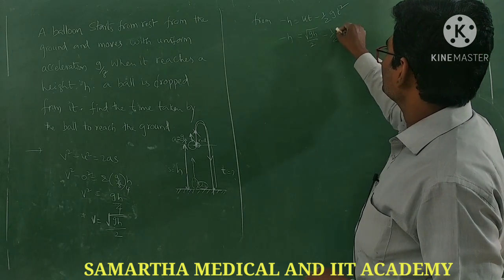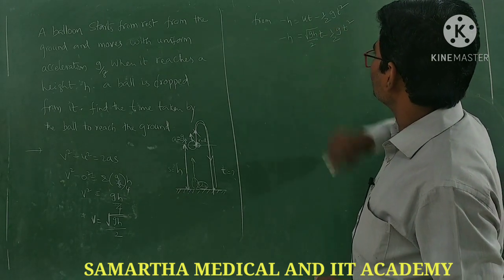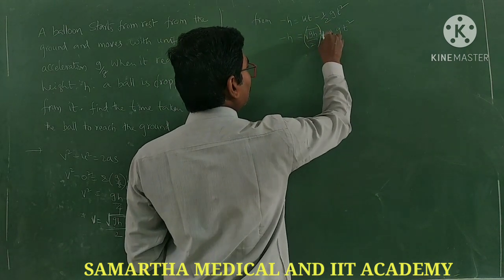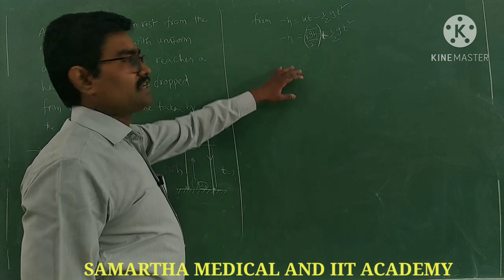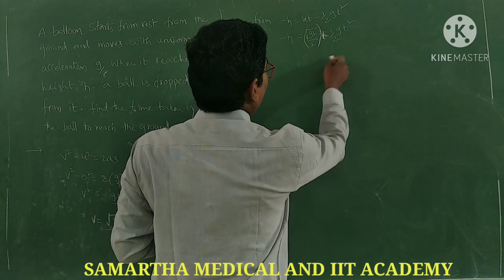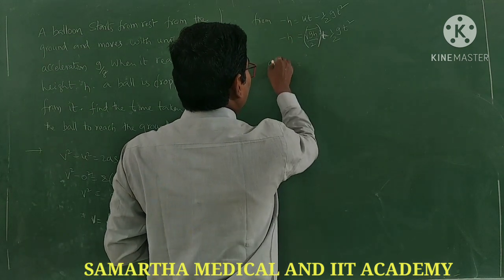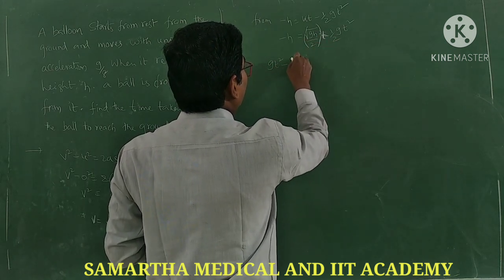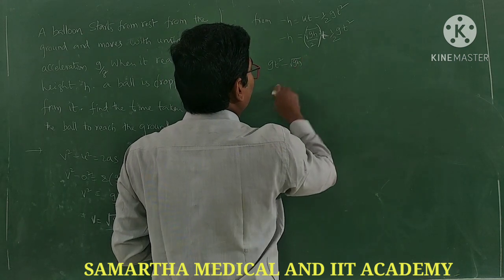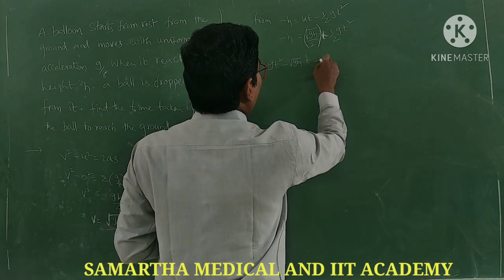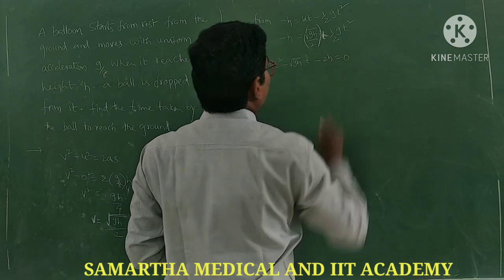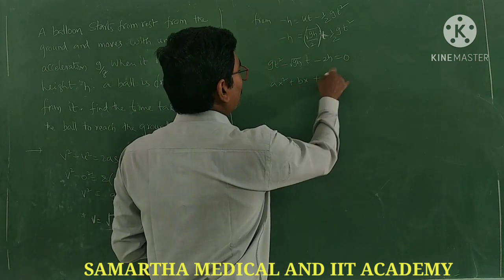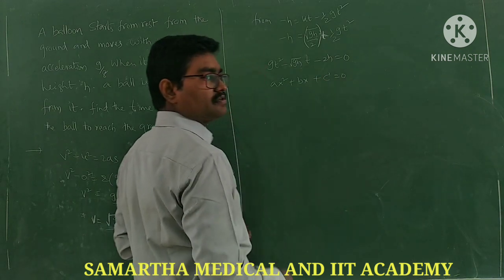So minus h equals root gh by 2 into t minus half g t square. Find the roots of this equation. The LCM is 2, so bring this to the left side: g t square minus root gh into t minus 2h equal to 0. It is just like the ax square plus bx plus c equal to 0 form.